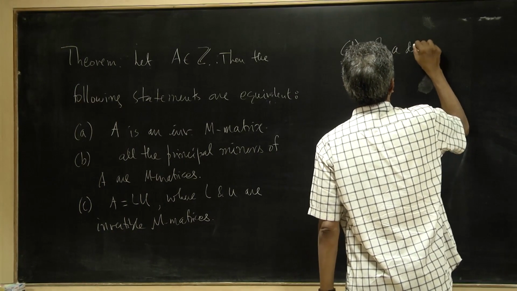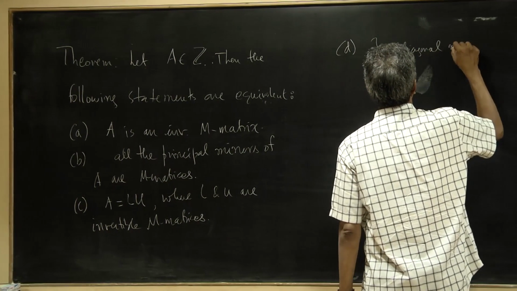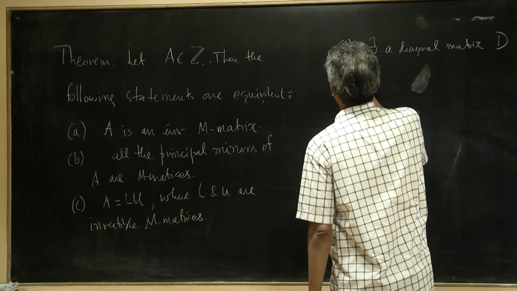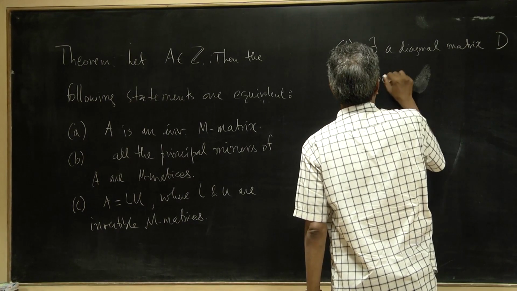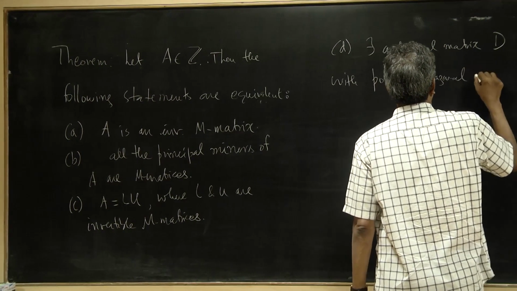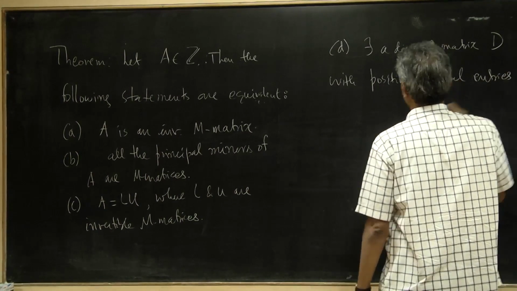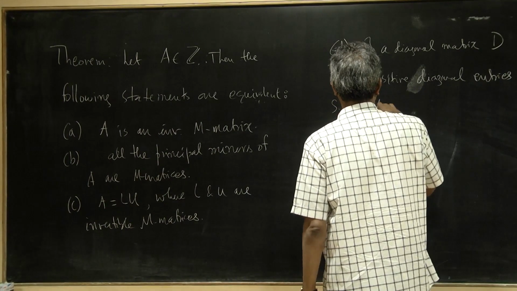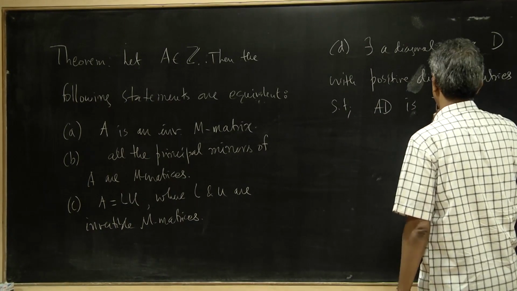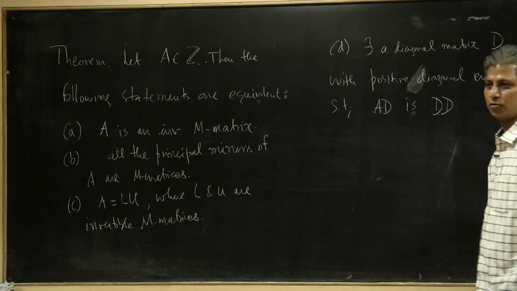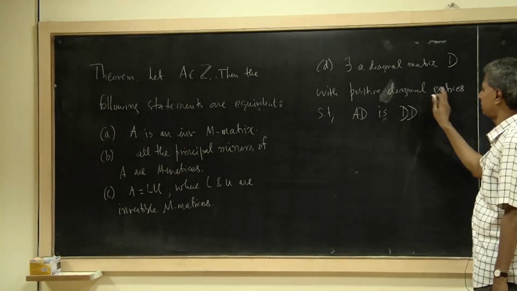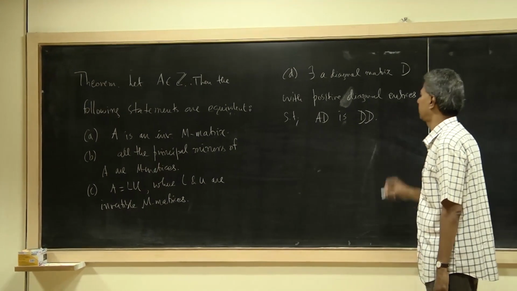There exists a diagonal matrix D with positive diagonal entries such that AD is diagonally dominant. Okay, you can't dispose this off. There exists a diagonal matrix with positive diagonal entries such that AD is diagonally dominant.